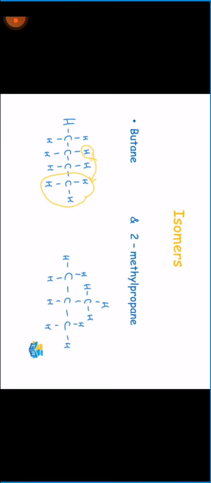Showing, if I highlight these for you, this methyl group is now up here, and the hydrogen is now down here, and they've been swapped. So that's now 2-methyl propane, because prop, your longest carbon chain, is 3, and the methyl is on carbon 2. So they're the 2 isomers of butane.